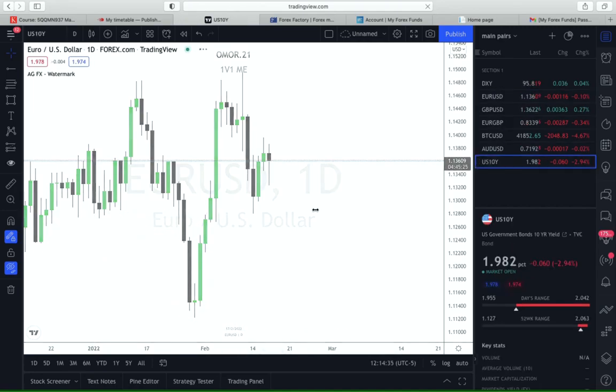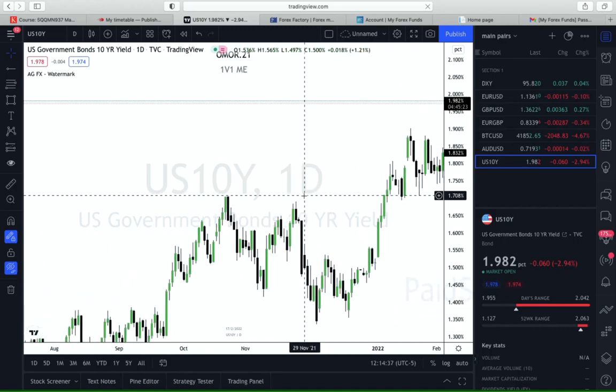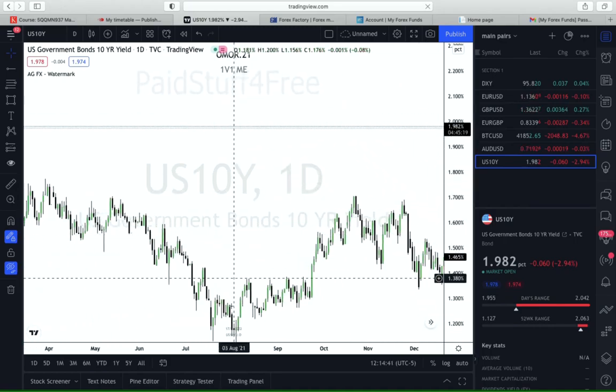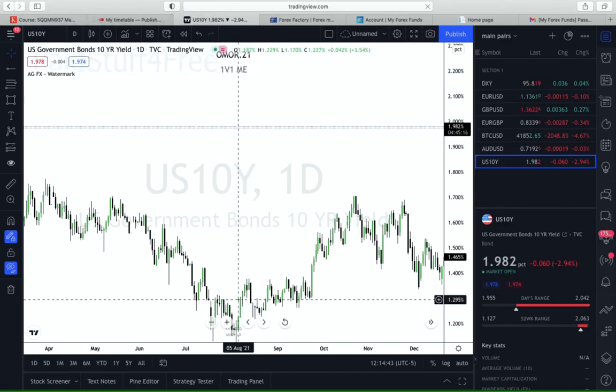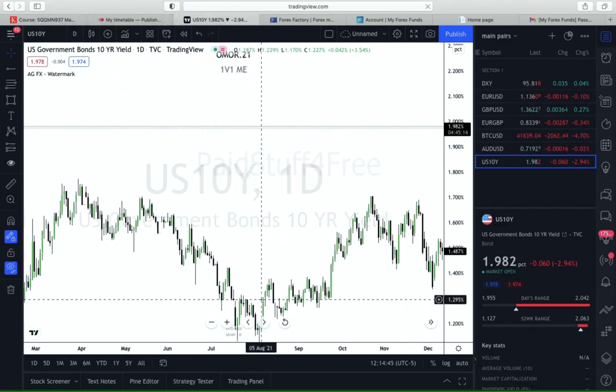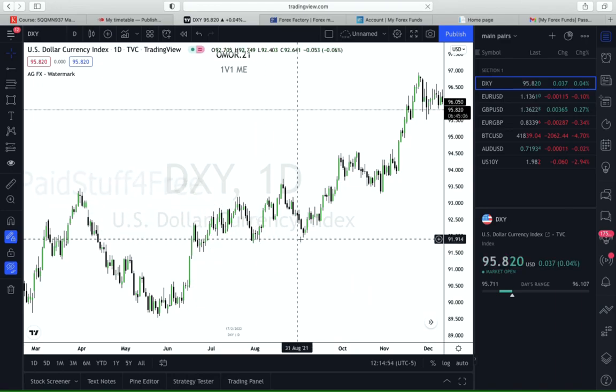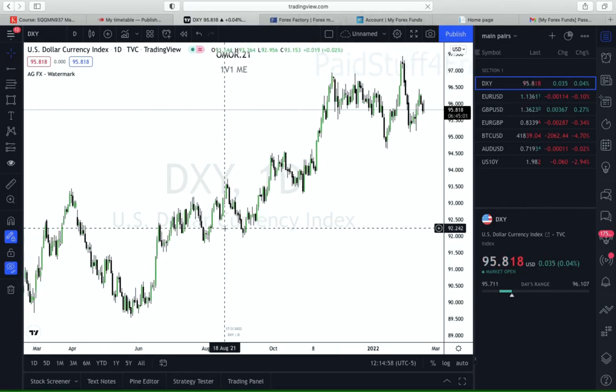Yeah? So now let's look at a time of consolidation, yeah? Let's look at consolidation in the 10-year. Okay, let's go from here. Yeah? So August to September, August, September. You see how it's the same on the DXY?